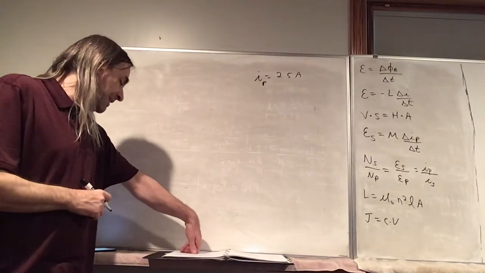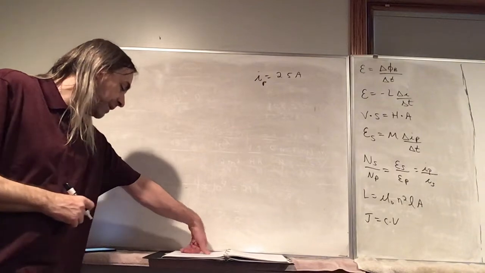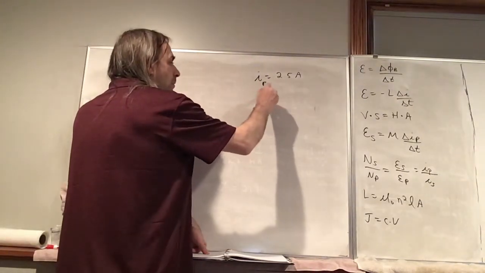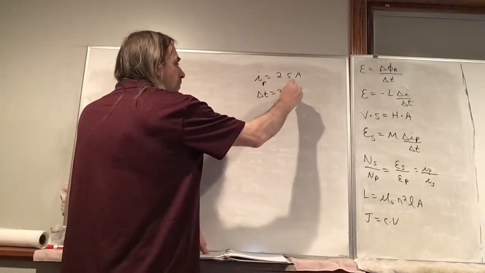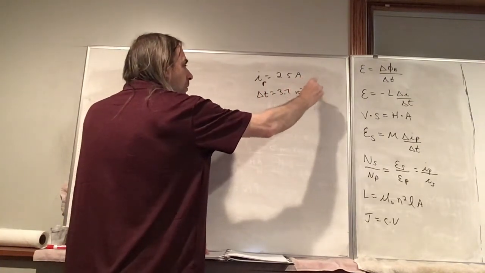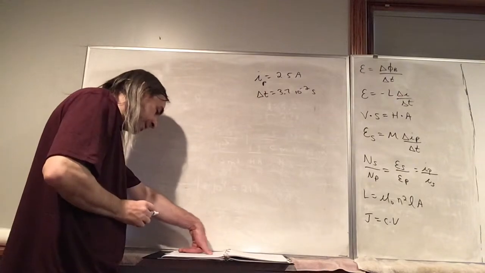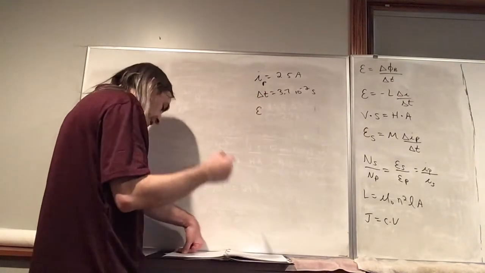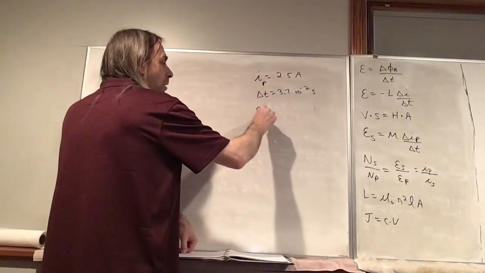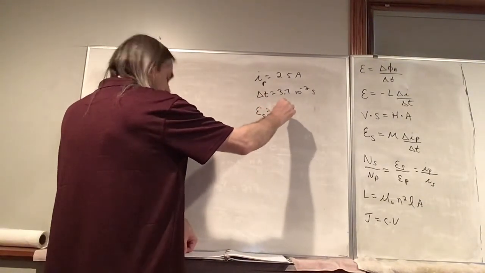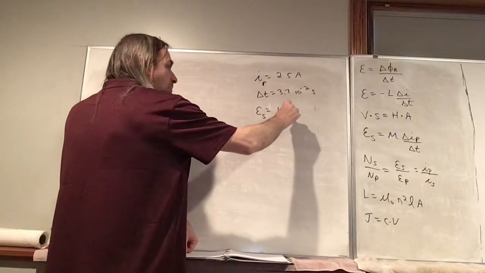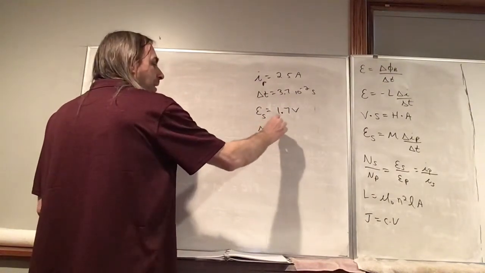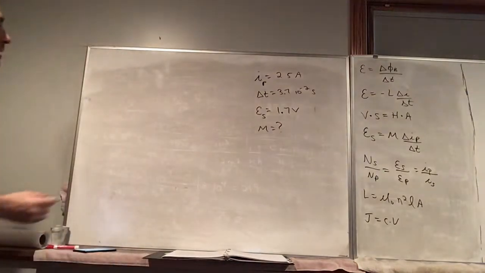So the current is then switched off in a time of 3.7 times 10 to the minus 2 seconds. Now the average EMF induced in the other coil, so that'd be the secondary coil, is 1.7 volts. What is the mutual induction of the system?